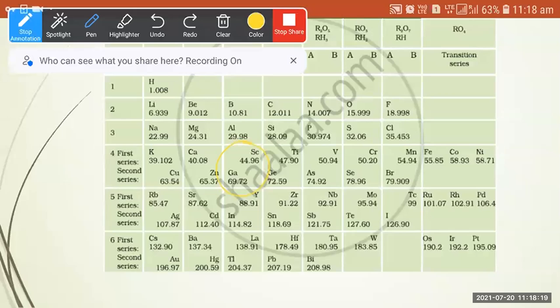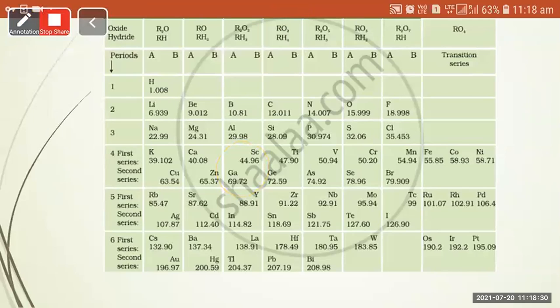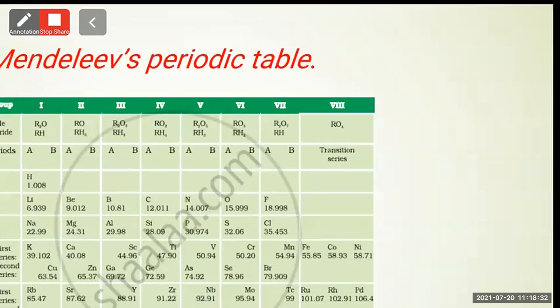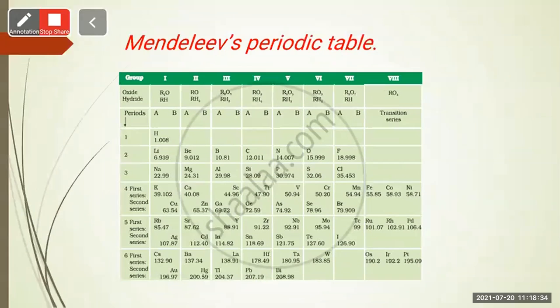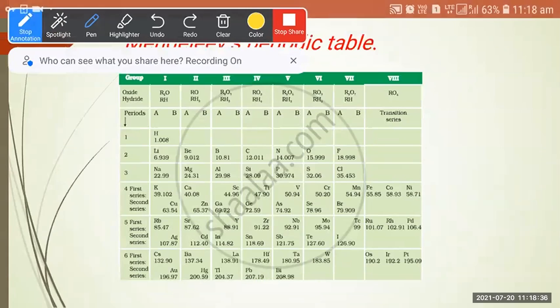So this is how he predicted the elements, even though the elements were not yet discovered at that time. And he left vacancies for this type of elements. Here you can also see 72, that is germanium. This place was also kept vacant.